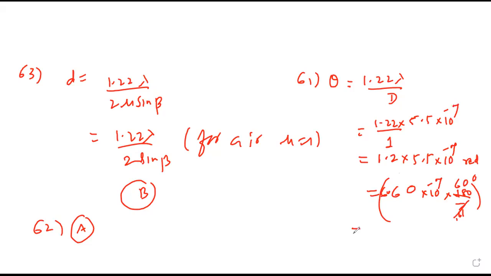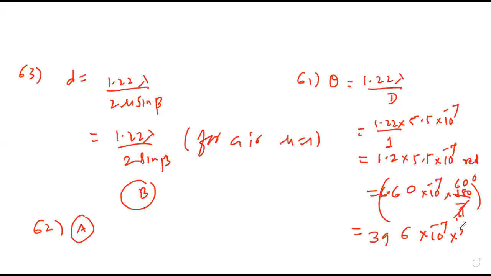So 6 into 6, 36, into 3 is 396, into 10 raised to minus 7 in degree.